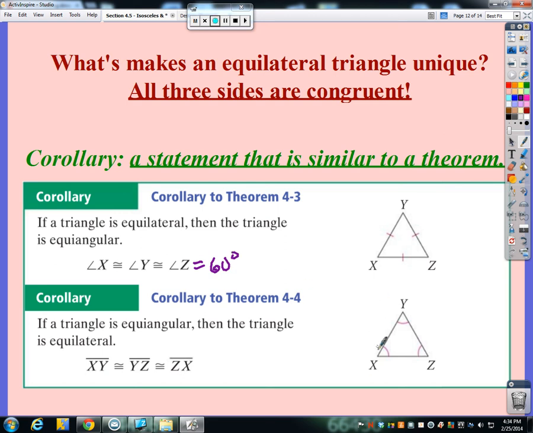We can also look at the converse and say, if we had a triangle where all three angles were equal, which would have to be 60 degrees, that means all three sides opposite those angles must be congruent, thus making it equilateral. So if you have an equilateral triangle, it's equiangular. If it's equiangular, it's equilateral. These two theorems really work forwards and backwards to each other.